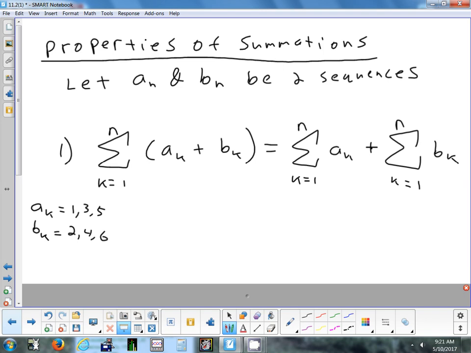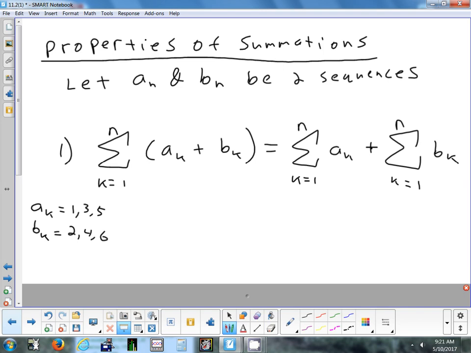Doing it the way on the left says, first add each individual term together, and then add up all the results. So we're going to add what's in a sub k to what's in b sub k. And we do it term by term.